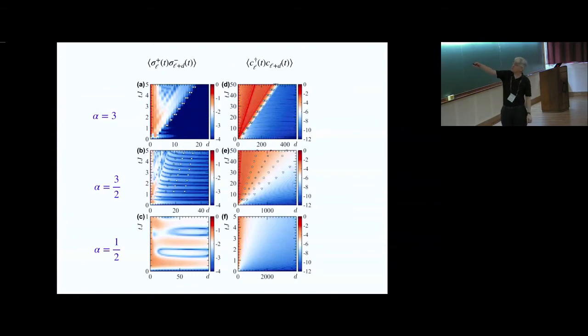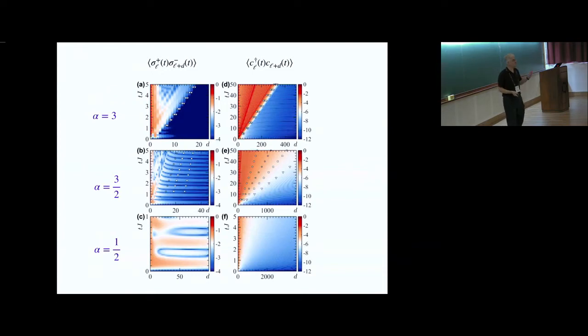And what you see is a very nice light cone effect, because this is very similar to what we had in the nearest neighbor model. So if I fix the distance and I ask, when does my correlator become sizable? Well, it's first of all very small, and then at some point it takes off, and this front is basically propagating linearly. So for alpha equal to 3, certainly in these plots, it still looks like there is a good light cone effect.